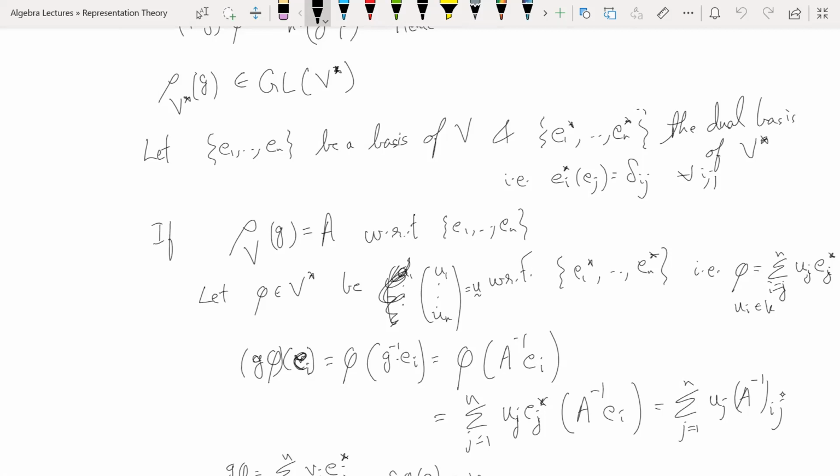It's written in terms of a column. No, you are right. You pick out the ith column, right? So I've written this wrong, I guess. So the ith column is what you pick out. So this is all right.